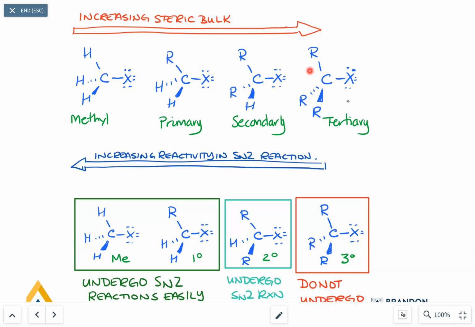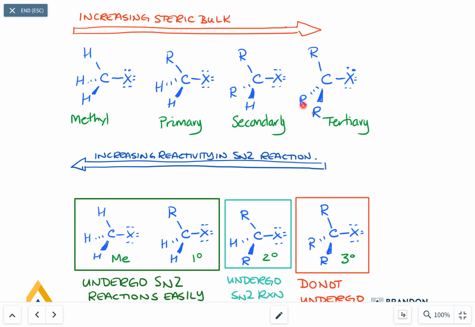Whereas tertiary ones do not undergo SN2 reactions at all because the nucleophile can't get in here to attack, or it's so slow that there's another class of substitution reaction that will take place far faster. And with secondary, they undergo SN2 reactions, but the rate is reduced.